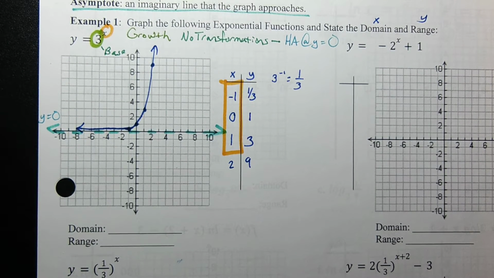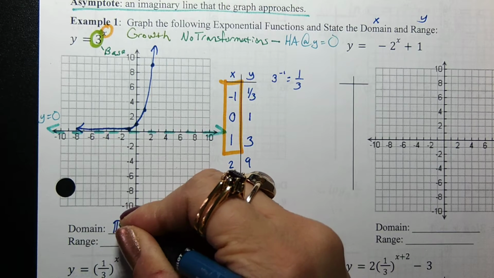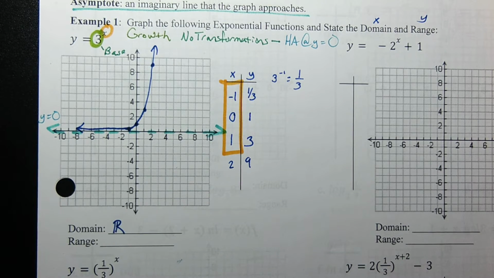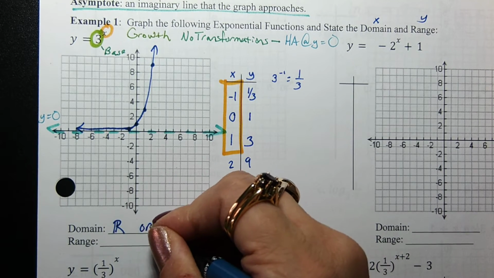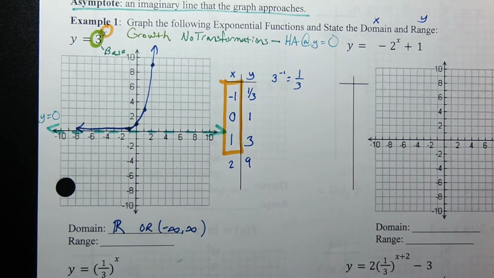Now for our domain. What x values are going to get covered by this graph? It's going to go all the way left, and it's going to keep going upward and outward to the right. What do you think? All real numbers, or the fancy R. Or, if you would like to do interval notation, which I do recommend for you future pre-calcers, -infinity to +infinity.